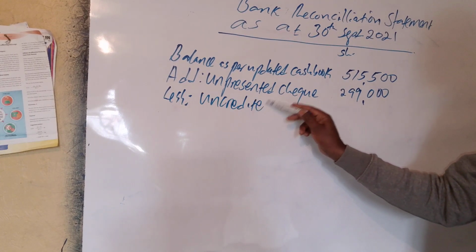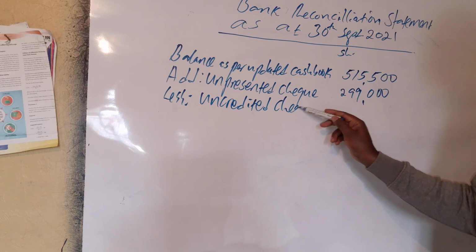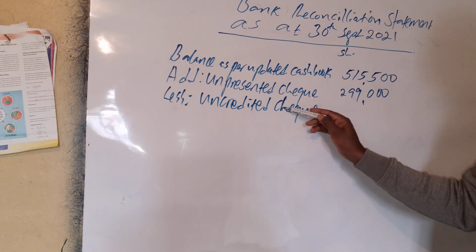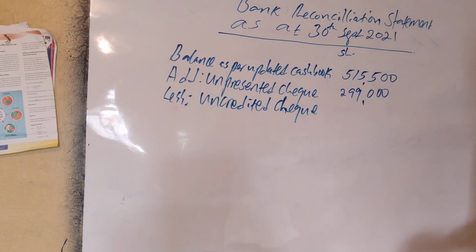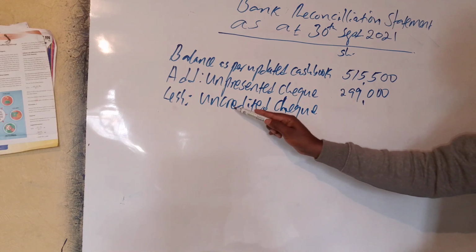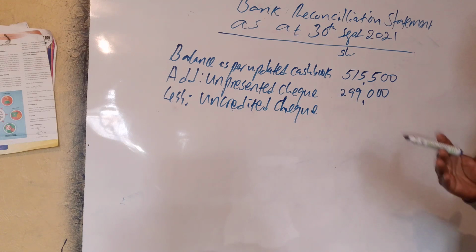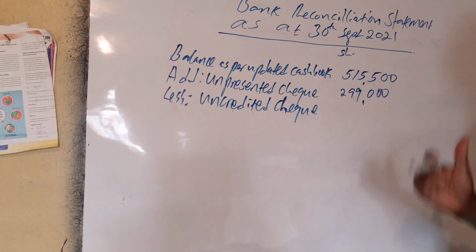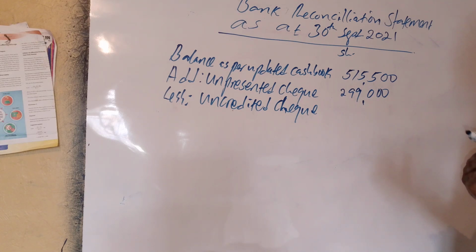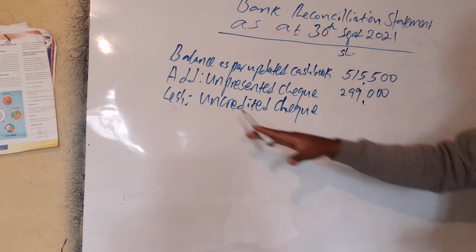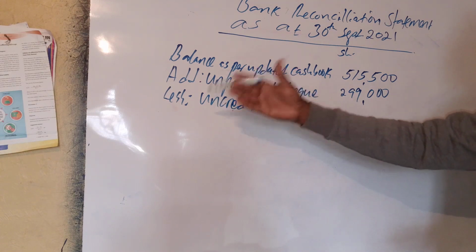Then we come here and say less uncredited check. The reason why we are deducting the uncredited check: remember, an uncredited check is a check that has already been taken to the bank, but due to the clearing process of the check, the bank has not yet wired the money to the system.